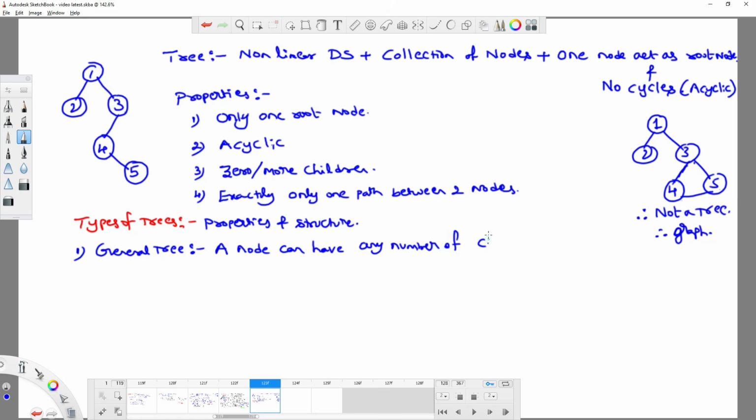We call it a general tree. Can I call the left side diagram a general tree? Yes, we can call it a general tree. Can I call the right side a tree? No, because first it has to satisfy the properties. Then only we can classify it under different types of trees.